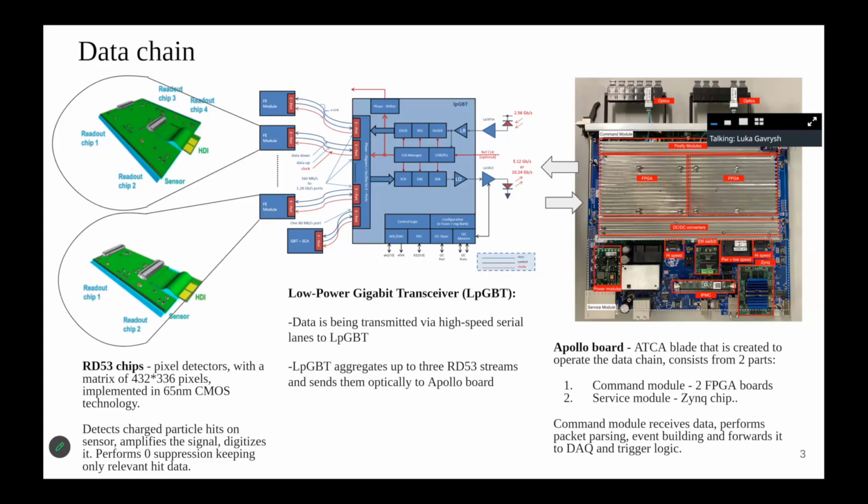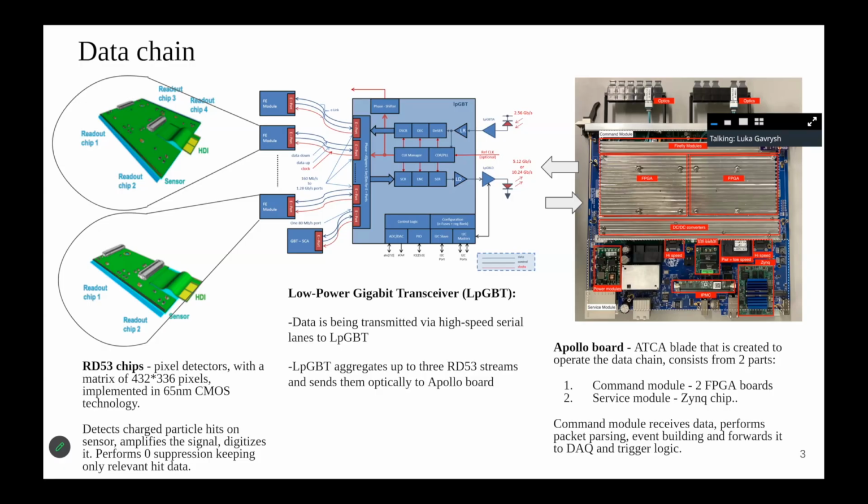What is the Apollo board? It's like a control module in this scheme, and we can see that it is divided into 2 big parts. The first one is the command module, which is equipped with 2 FPGAs.